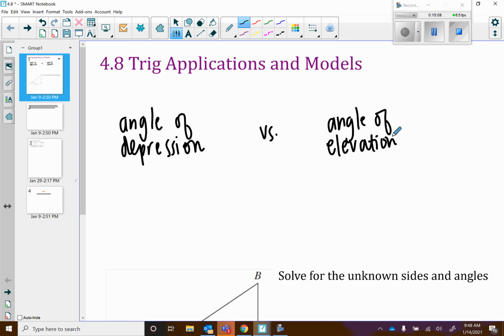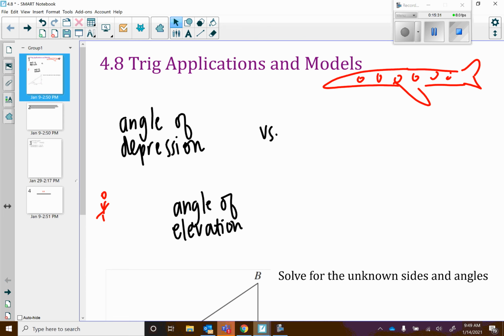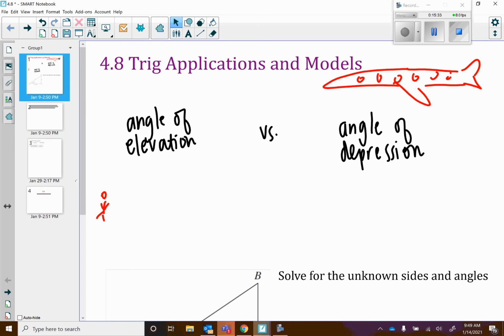To show these, I'm going to draw a really quick picture. So let's say we have a plane up in the sky. Not a very good one, but that's okay. And we've got a person down on the ground looking up at that plane. I actually flipped these, sorry, I'm going to switch. There we go.